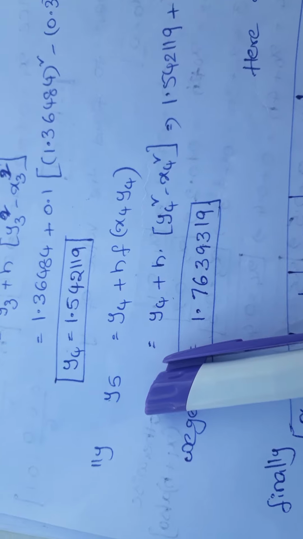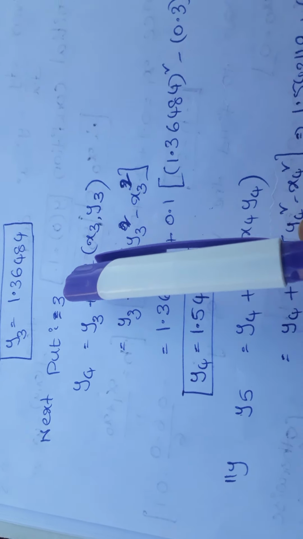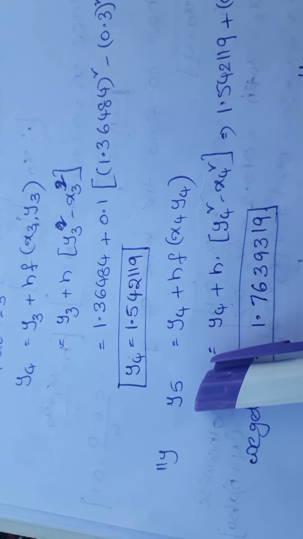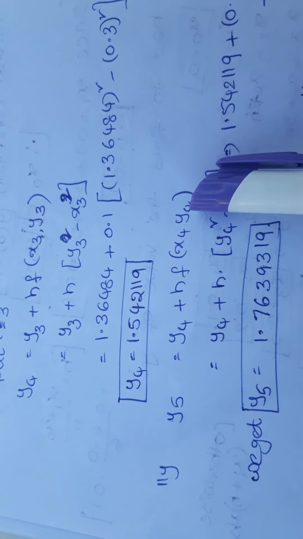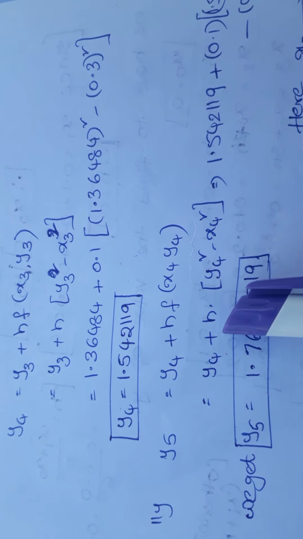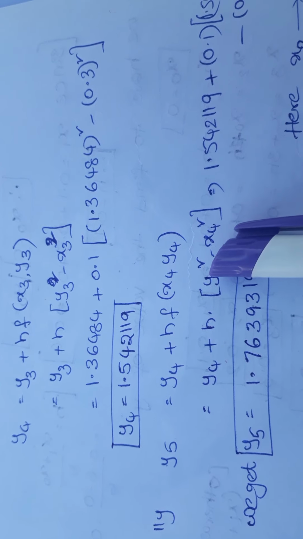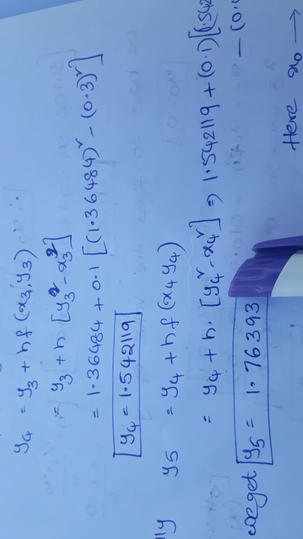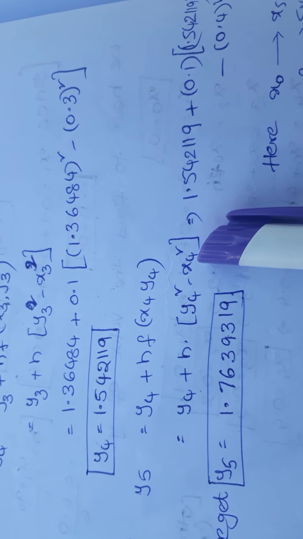Okay, similarly y5, that means put i is equal to 4, that is y5 is equal to y4 plus h into f of x4 comma y4. That can be expressed, from the given differential equation, as y4 square minus x4 square.